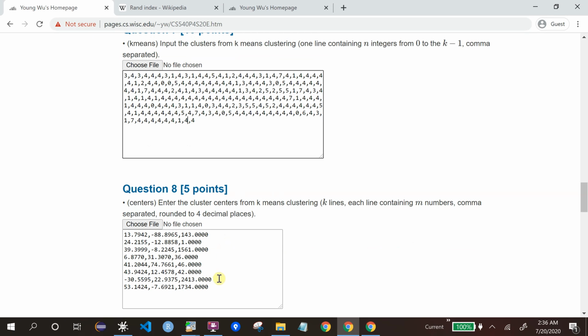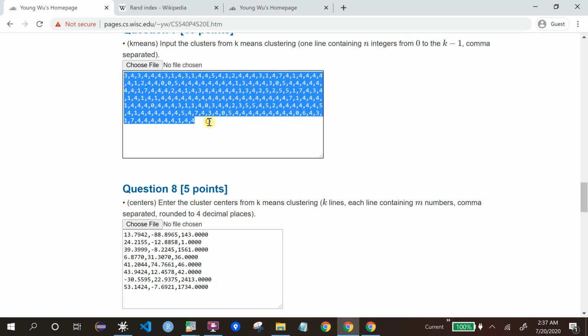So if I start from the local minimum, it should stay at the local minimum, so it should not move. So if I start from your cluster centers, it would stay at your clustering. So I'm just comparing the result of running k-means, starting from your cluster centers to your clustering here.